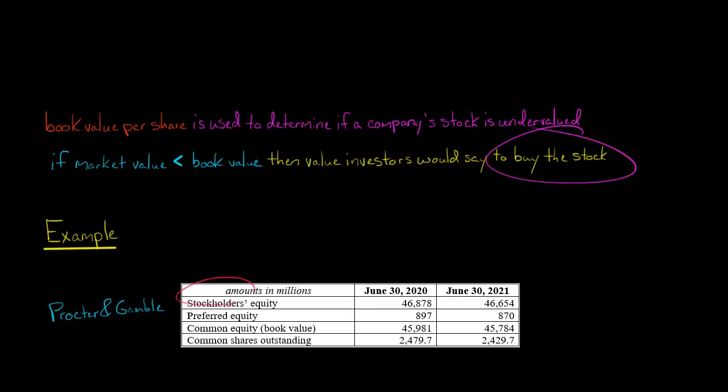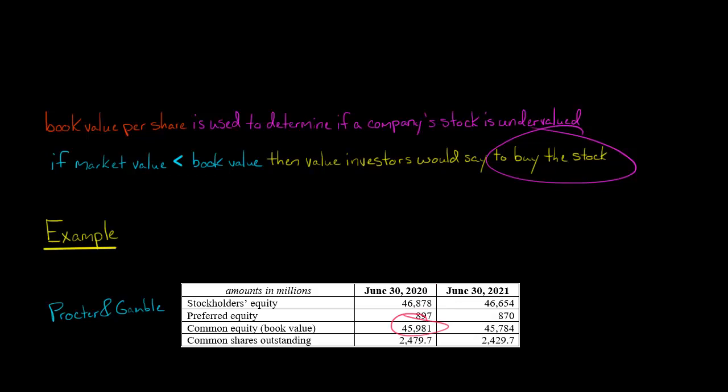Now, we've got the total stockholders' equity for Procter & Gamble. We got the preferred equity. So we just take this amount here for June 30th, 2020, $46.878 billion, because these amounts are in millions, and then you subtract the preferred equity of $897 million. So you take this minus this, and that gives you the common equity, $45.981 billion as of June 30th, 2020.